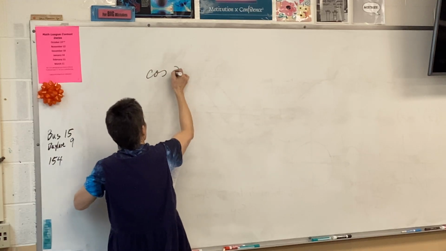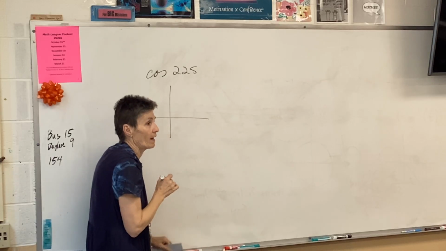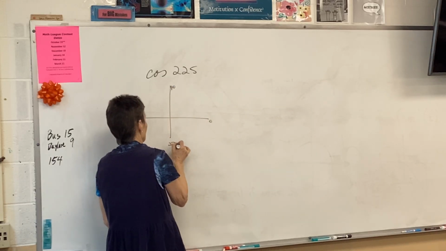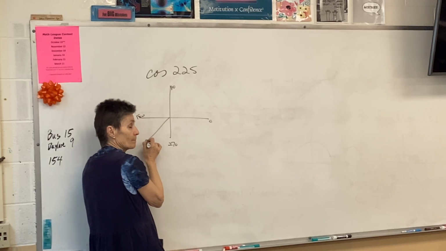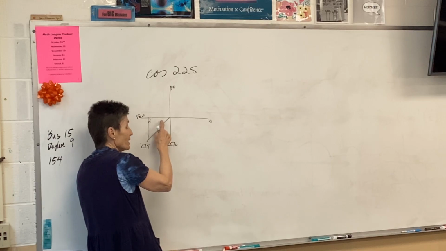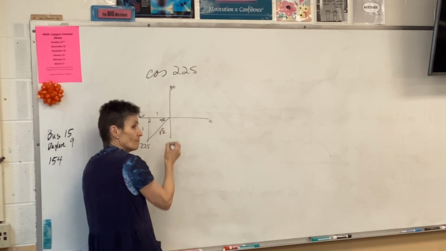So we have cosine of 225. Where is 225? Is it over here? And what kind of triangle do we have then? What's this right here? 45. That's a 45, and you know our 45s are 1, 1, root 2.